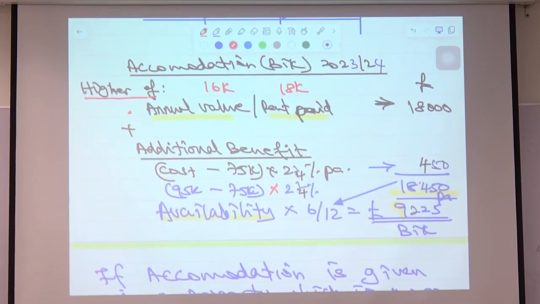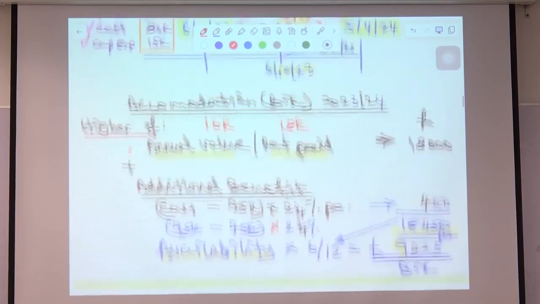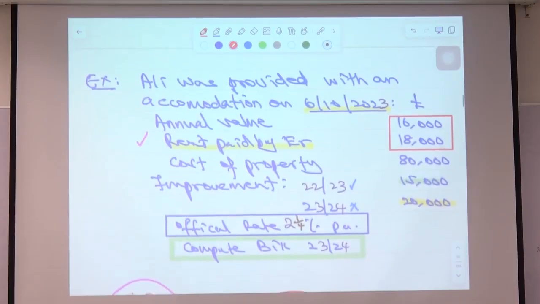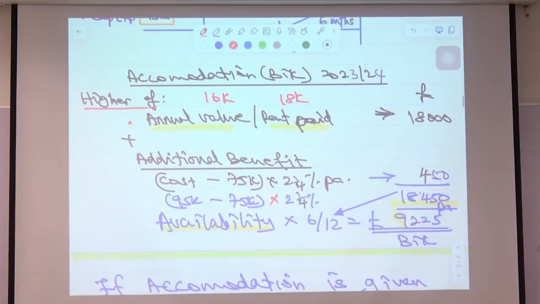95? What is your original cost? 80 plus 15, 95. Okay, 95 minus 75 times 2.25. You do one quarter, you write there 2.25. Is the answer correct? This is per annum.